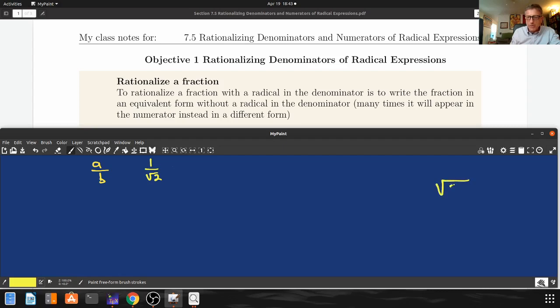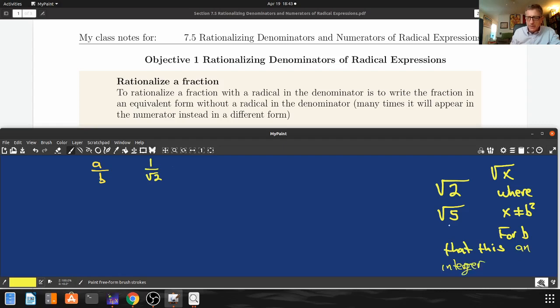Because just remember, numbers like the square root of 2, the square root of 5, the square root of any number x, where x is not equal to b squared for some b that is an integer, these are all irrational.